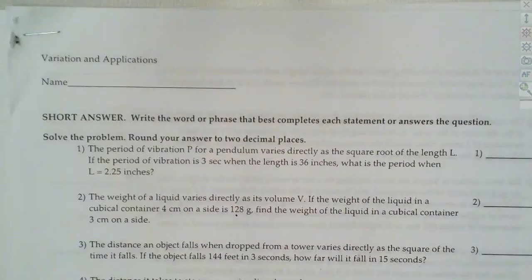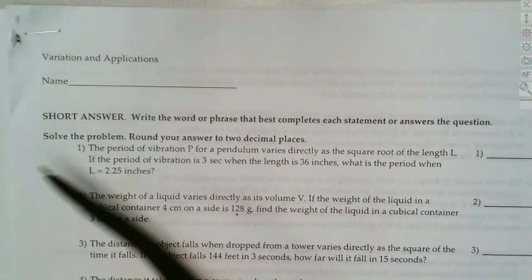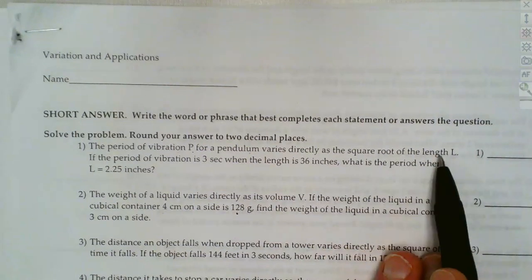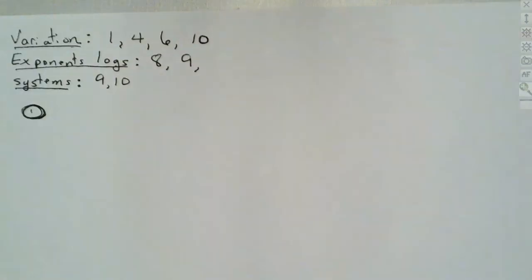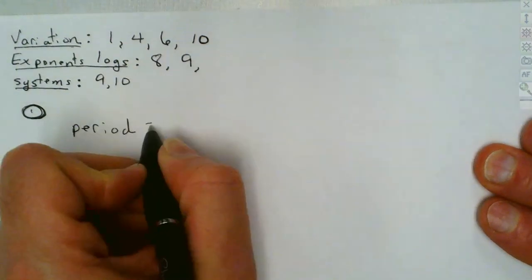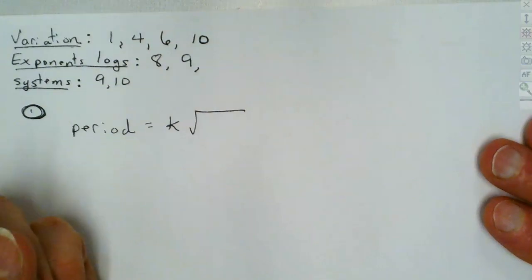So we're going to look at question number 1. The period of the vibration P for a pendulum varies directly as the square root of the length. So we are looking at the period, and that period is going to equal K times the square root of the length of that pendulum.